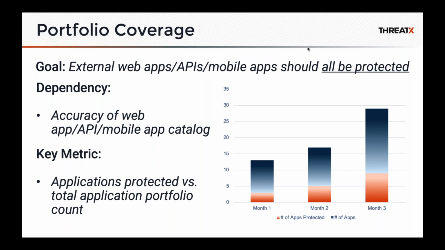As I mentioned earlier, most enterprises only protect 20% or less of their apps, which is pretty small. One reason is the high operational cost of managing signatures associated with traditional WAFs. The second reason the number is low is because most enterprises do not formally catalog their applications or APIs.